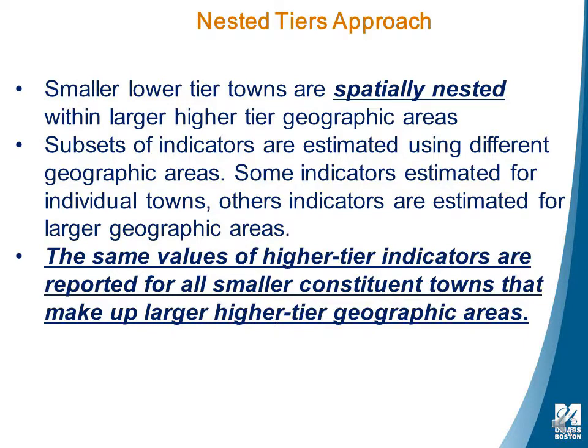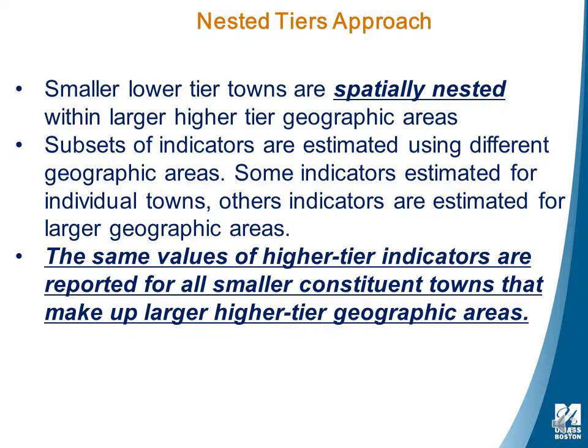The nested tiers approach. 3 points should be understood. First of all, small lower tier towns are spatially nested within larger higher tier geographic areas. Second, subsets of indicators are estimated using different geographic areas. Some indicators are estimated for individual towns.